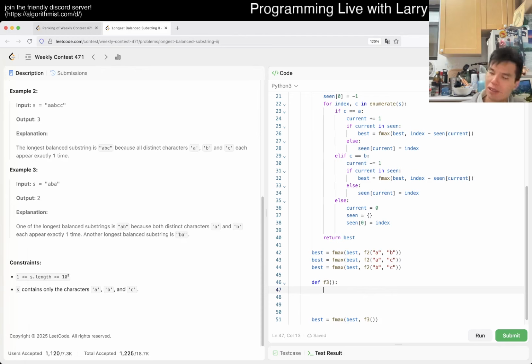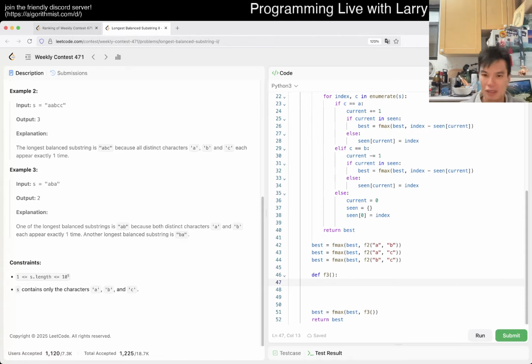But can I generalize this? Like, can I make pairs? Maybe that's it. How would that look? Maybe it is the same idea. So we have 3 pairs. We have to do.